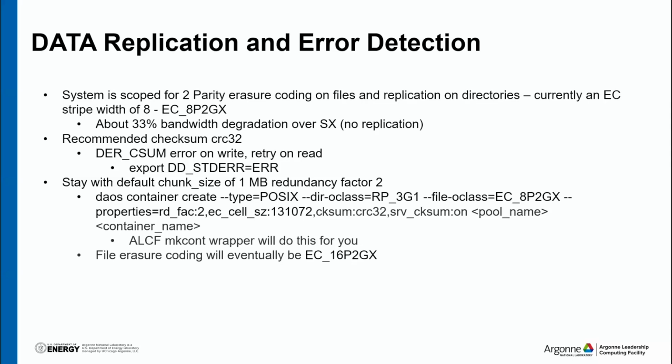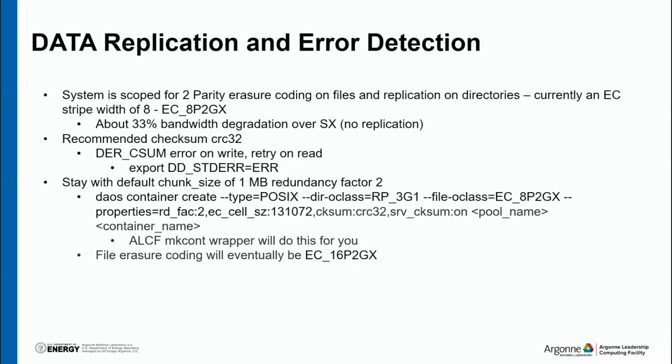And the file class of EC_8P2GX is basically saying use erasure coding with a stripe width of 8 with a parity of 2, which is what I showed in the previous slide, and then the EC cell size of 128K. So that the stripe width times the cell size equals the chunk size is how you get the best performance.